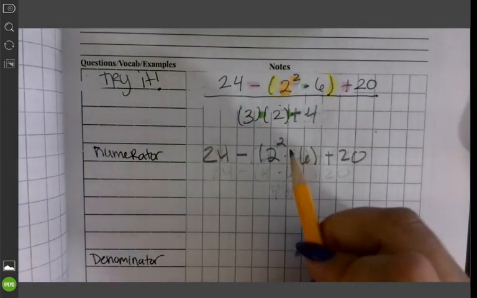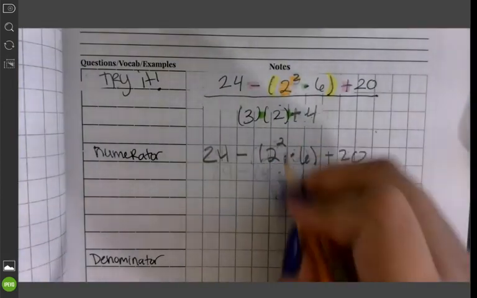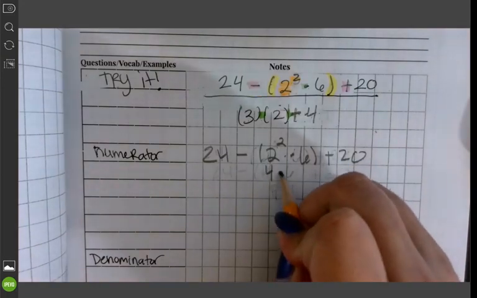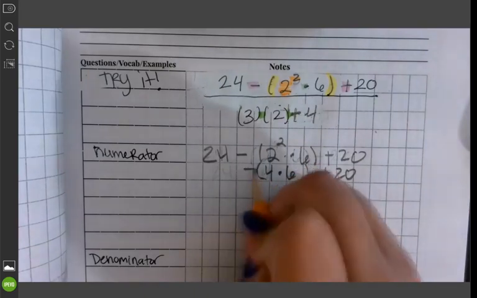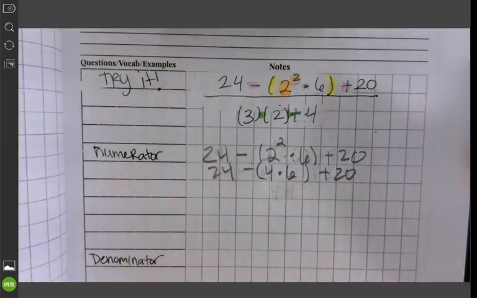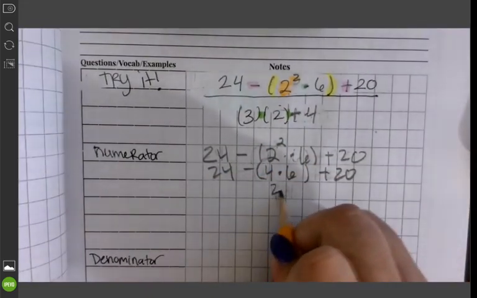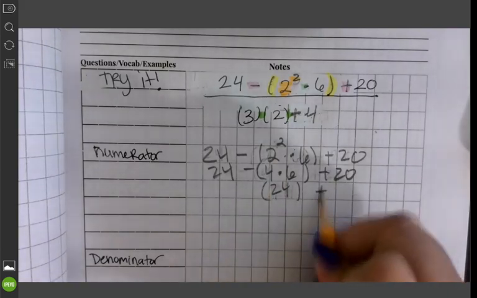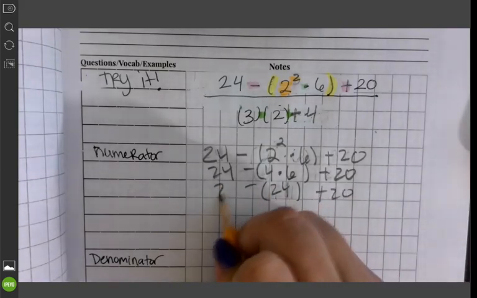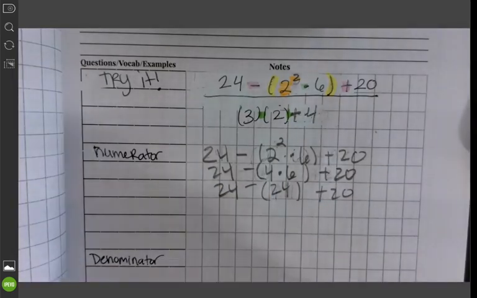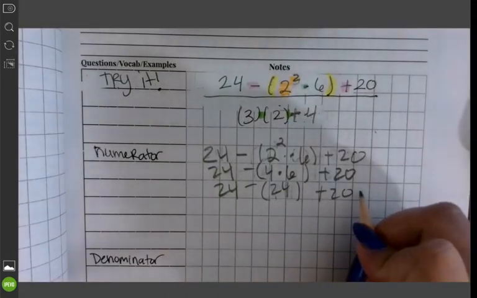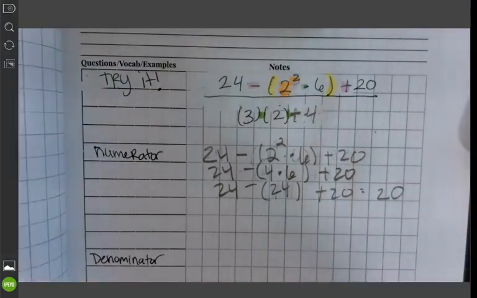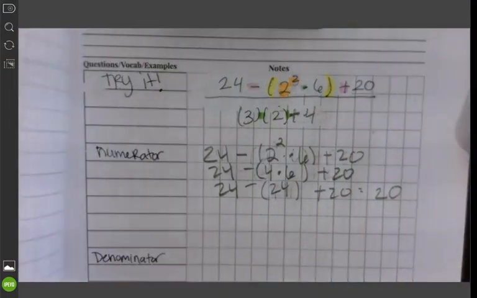We have a group in here, 2 squared times 6. 2 squared is 4, and I still have that times 6. The group's not done. 4 times 6 is 24. I have to go in order. 24 minus 24 is 0. 0 plus 20 equals 20. So our numerator is 20.